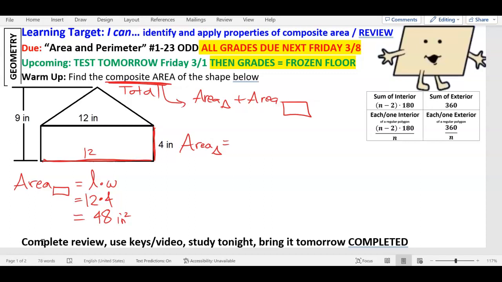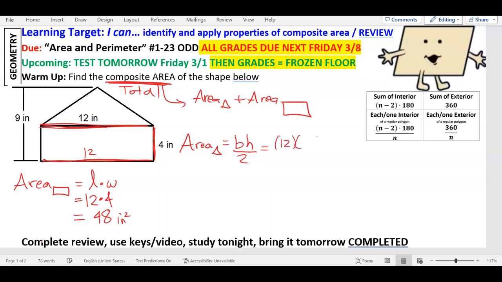Most people forget to divide by 2, but it's base times height divided by 2. Okay, here's how I write it, like a fraction. So now I just got to put in the right numbers. So what's the base of this triangle? 12, right? Easy. Okay, so 12.